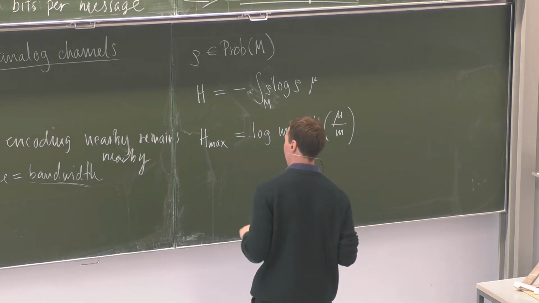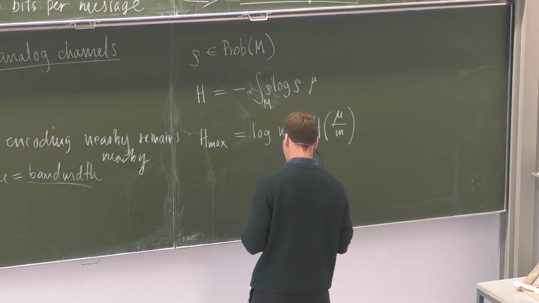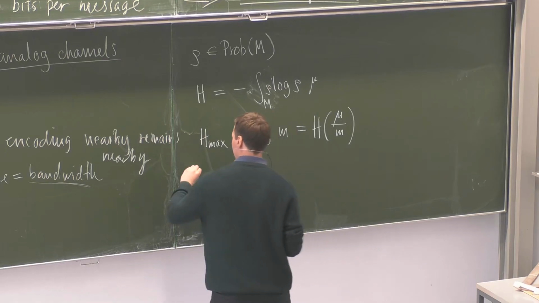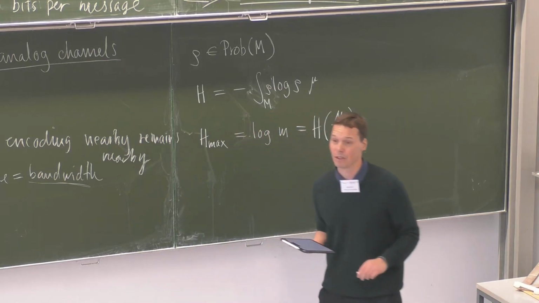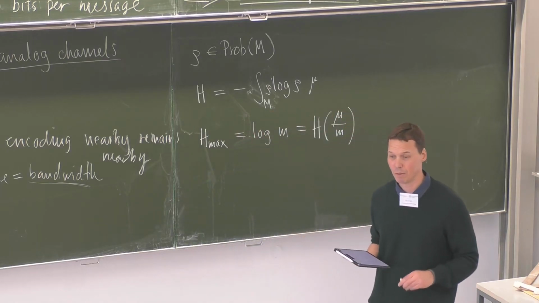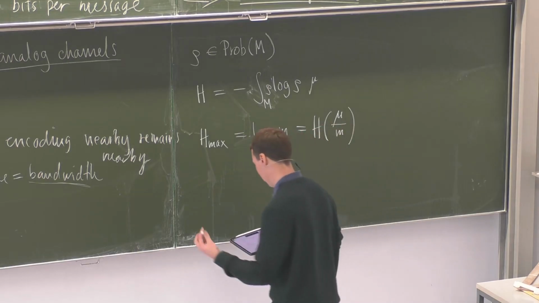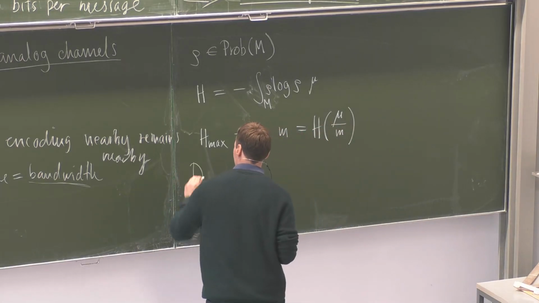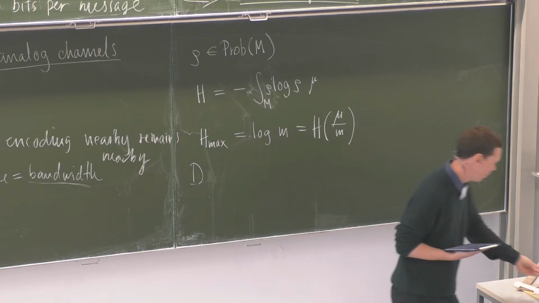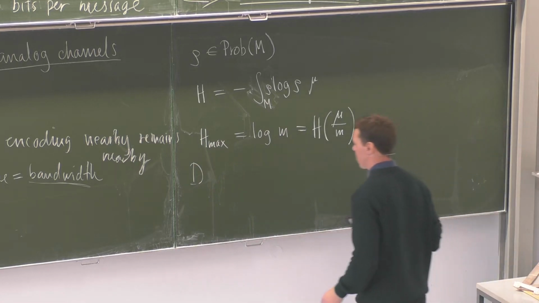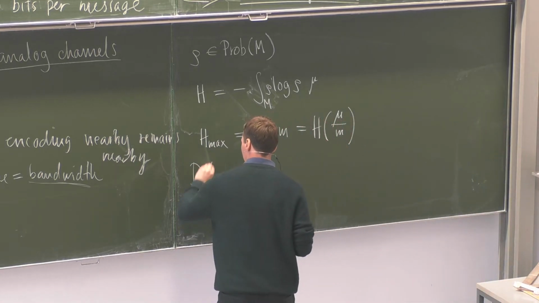It's natural to define what it means for two encodings to be equivalent. What does it mean to encode things equivalently? Well, those are exactly the volume-preserving diffeomorphisms, Diff of mu.